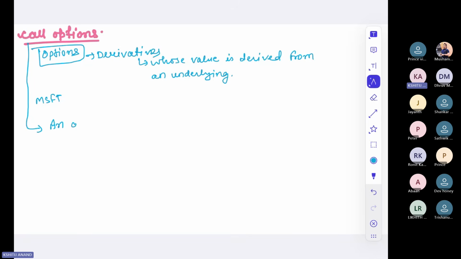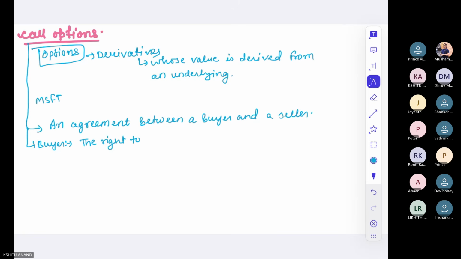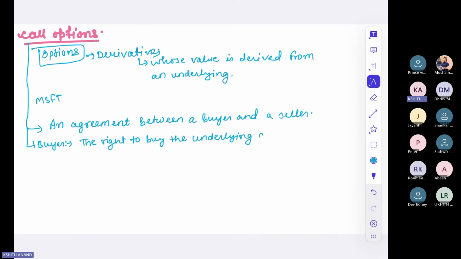A call option is an agreement between a buyer and a seller. This agreement gives the buyer the right to buy the underlying at a given fixed price, if it is a vanilla option, at a given fixed date.